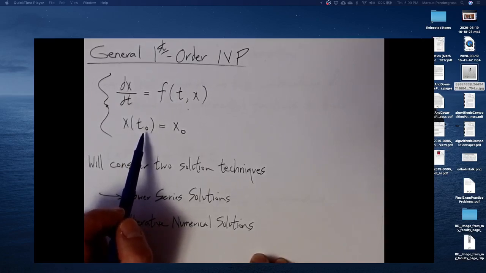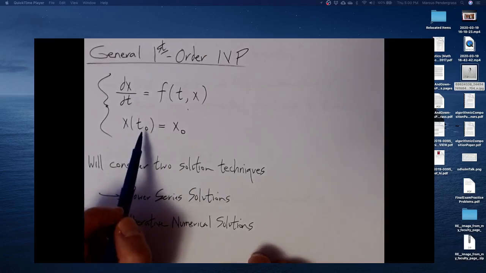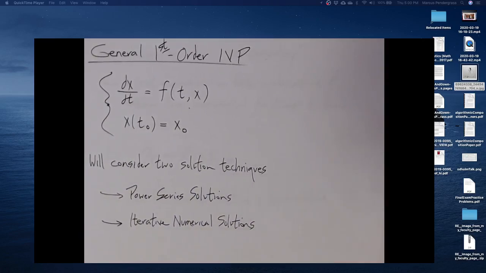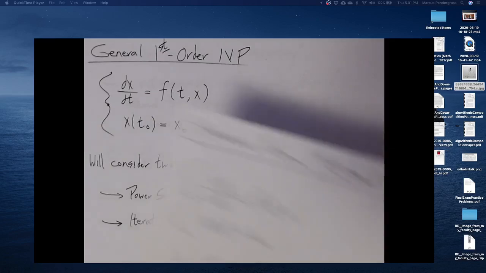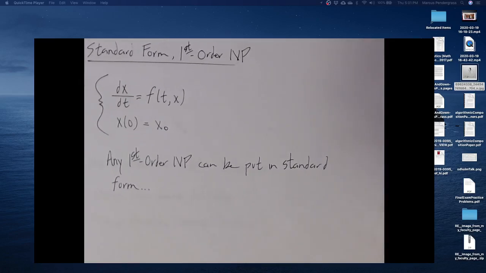Well, I would really like not to have to worry about different values of t0 here. I would like to always have my initial condition starting at the same place. That's what I'm going to call the standard form of an initial value problem.